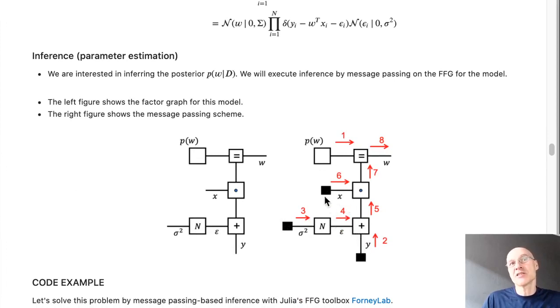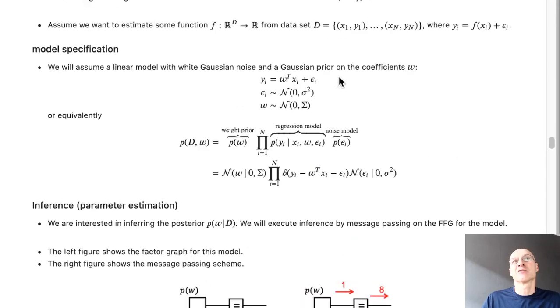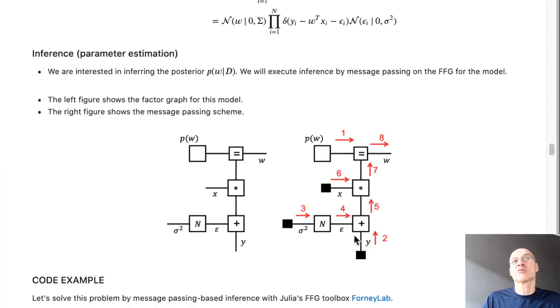And then I just do message passing from the terminals till omega or w, and that should get me a posterior for w that integrates basically my model assumption, or let's say all the white boxes, plus my observed data. I also assume that sigma squared, which is a variable in my model, is observed, and x is observed and y is observed in my training data set.